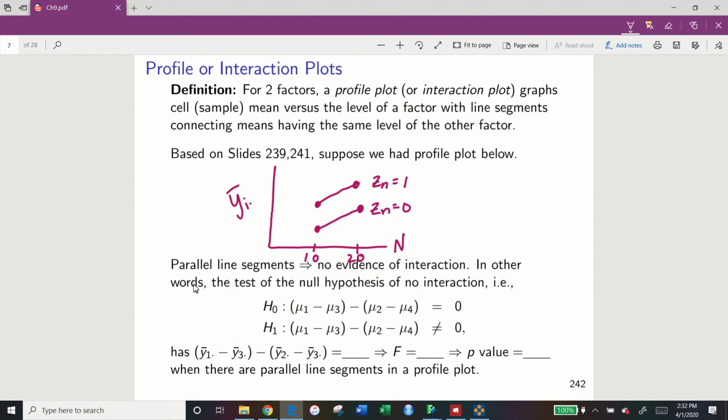For us, parallel line segments indicate that there's no evidence of interaction between zinc and nitrogen.